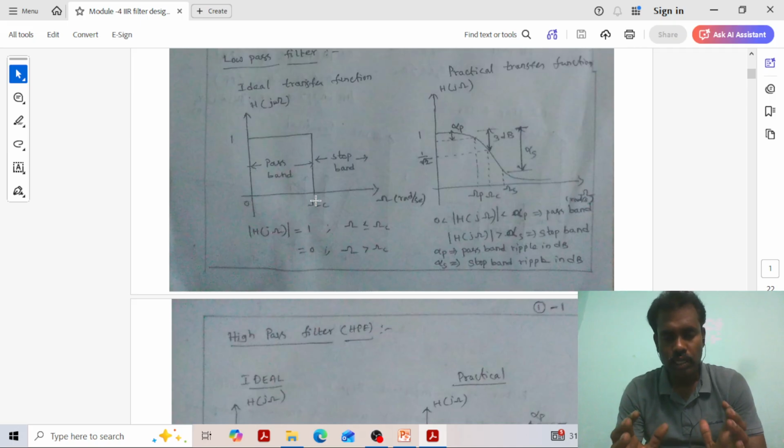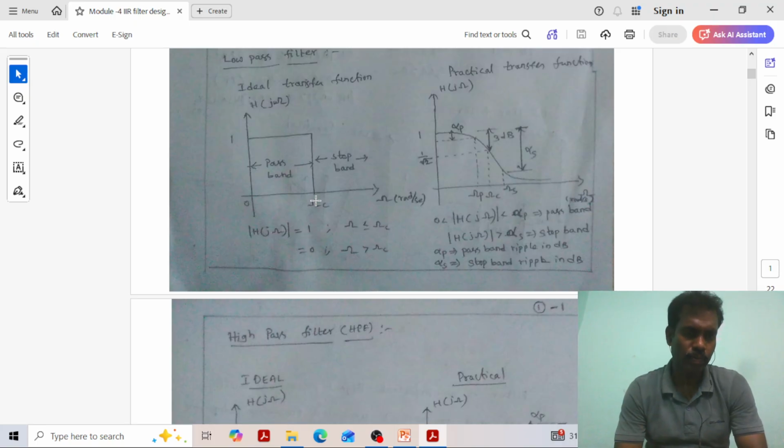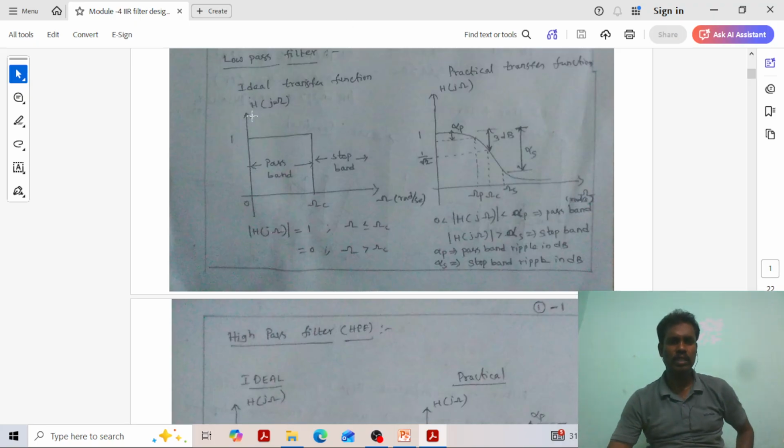That means only some low frequency signals will pass to the output. The high frequency signals are restricted from reaching the output. So this is the transfer function: H of e power j omega, or H of j omega, is equal to 1 up to omega c, and it is 0 for greater than omega c.